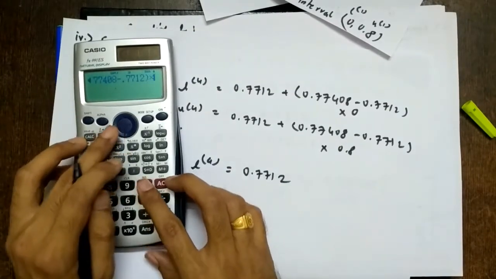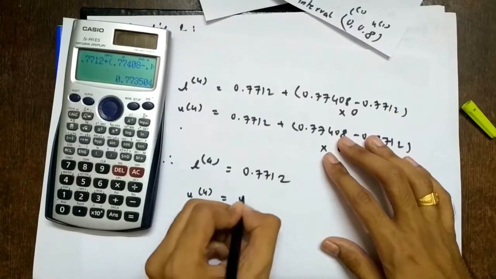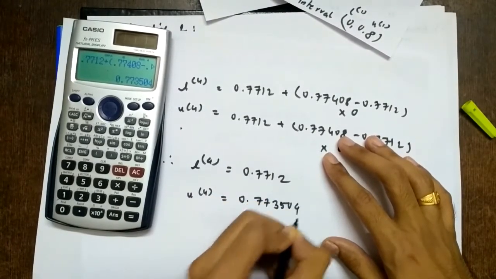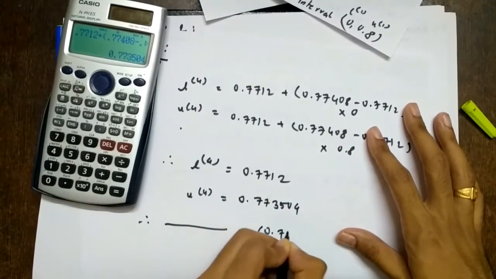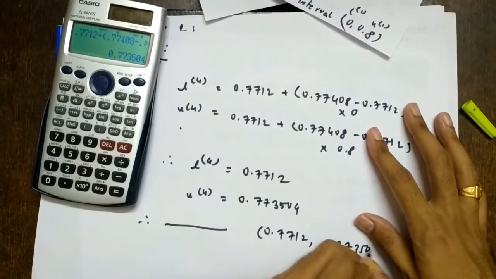Then we have into 0.8. 0.773504. Don't approximate. We are generating a tag, so we want the exact number. So therefore, the tag is contained in the interval 0.7712, 0.773504.